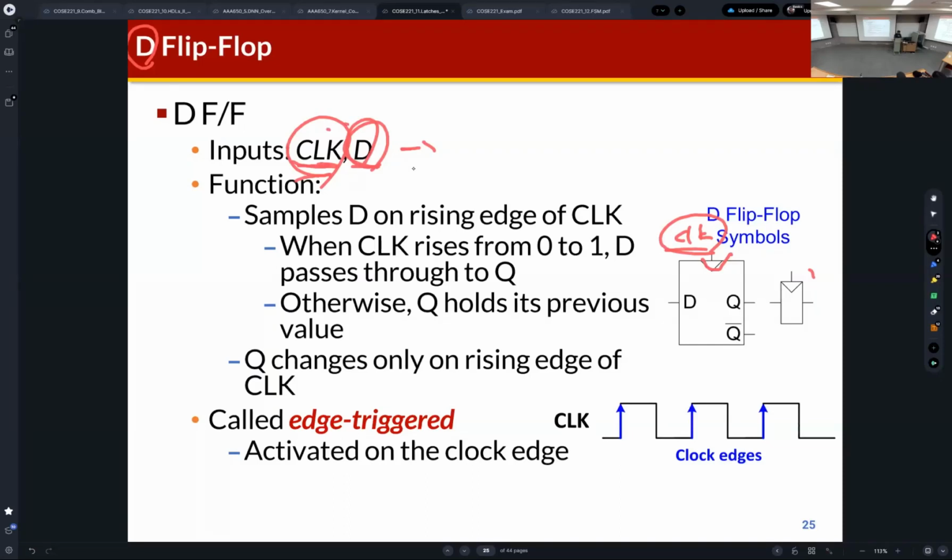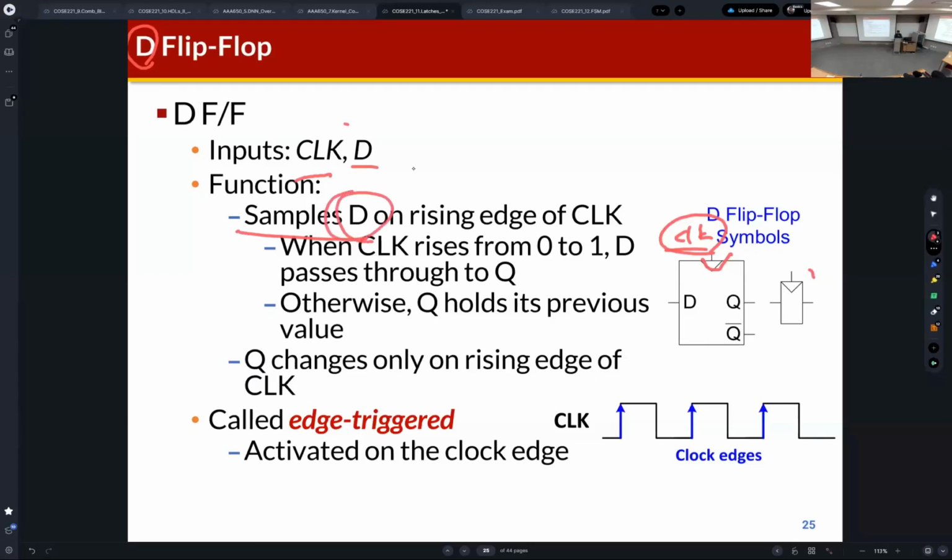Then let's see the functional specification of the D flip-flop. You need to understand this functional specification, because the functional specification is just the definition of this module, the D flip-flop.